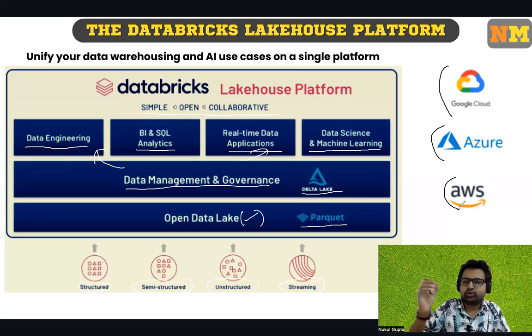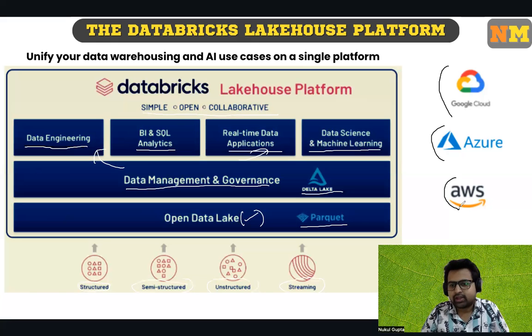Let us suppose you are using AWS, Amazon Web Services, and there is an option of Databricks services also. You can subscribe to that and use Databricks on top of AWS. So now the data store can be your AWS also. It means you can use all the services of AWS along with the Databricks architecture, the data lakehouse. Similarly, Azure with Databricks and Google Cloud with Databricks.